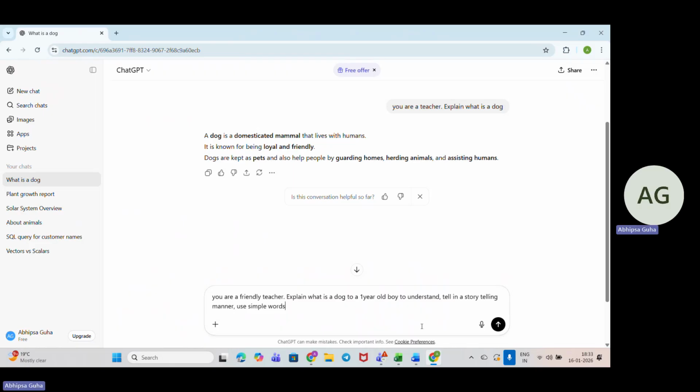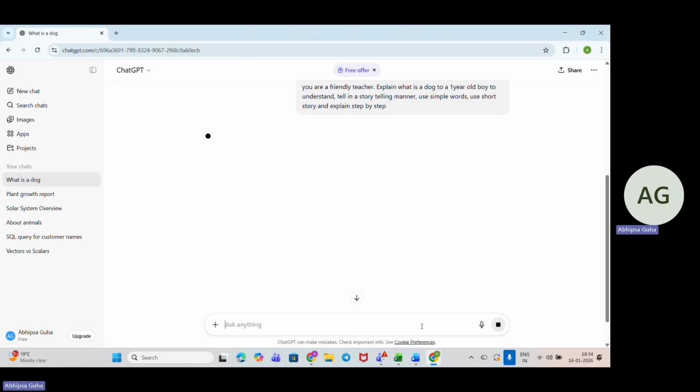Use a short story and explain step by step. Okay, now you can see how it is going.